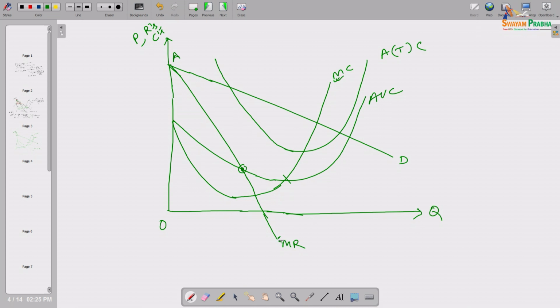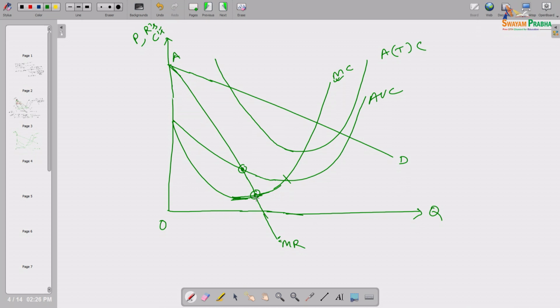MR equals MC here, and the slope of MR is negative and the slope of MC is either positive or maybe 0, because it looks like this is the lowest point, then it is positive. Okay. So, definitely both the conditions of profit maximization are satisfied, right.